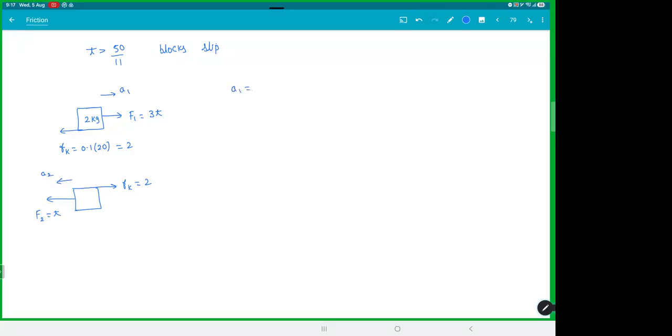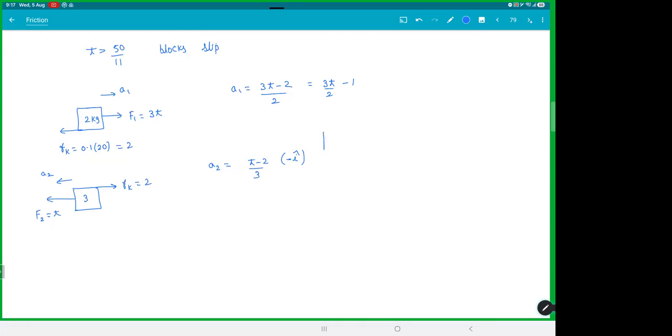This will start going backward with A2. So we get A1 is equal to 3t minus 2 by 2, that is 3t by 2 minus 1. And this acceleration will be t minus 2 by 3 along minus i cap. The direction has changed, so be careful with that. Yeah, you're done.